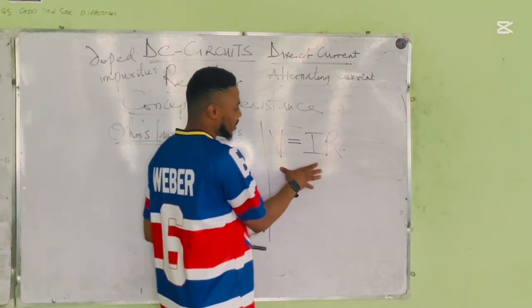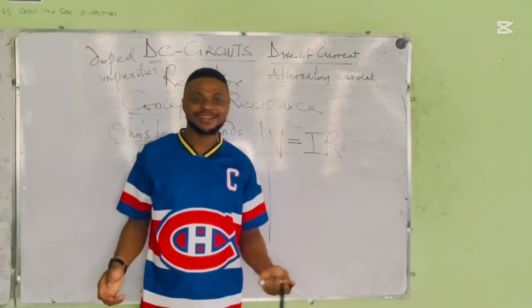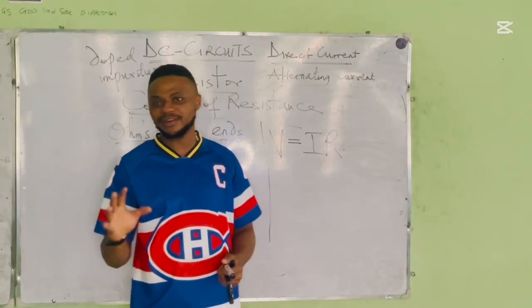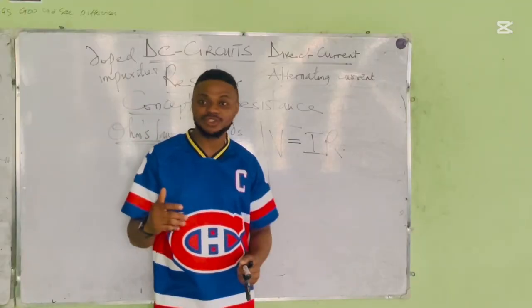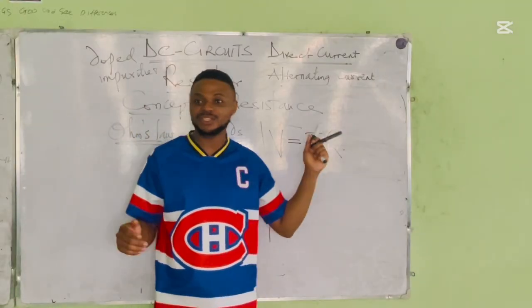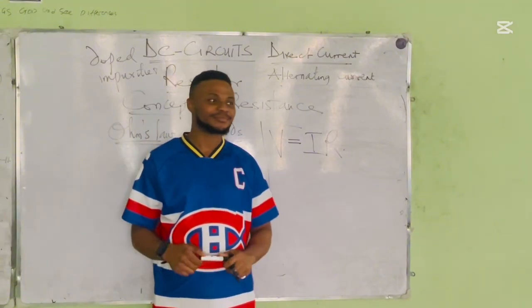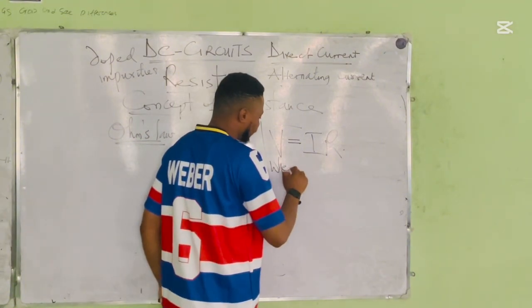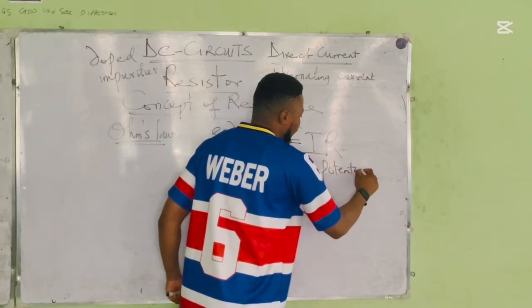From this formula, the voltage is equal to the product of the current and the resistance, I and R.